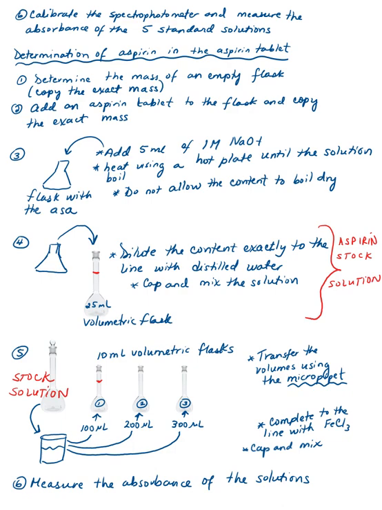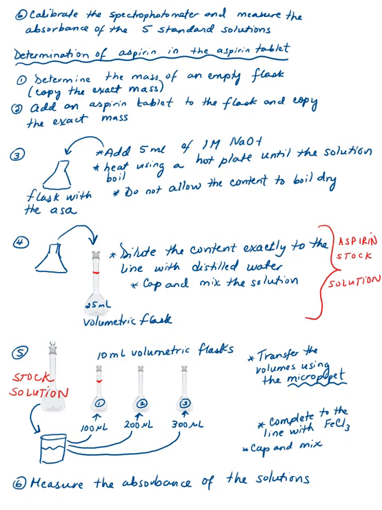The 5 standards, you know the concentration of those 5 because you're diluting your stock solution with a known concentration to prepare your standard solutions. Now for this part where you're doing the same thing with the aspirin tablet, you don't know how much aspirin is in the aspirin tablet. So the solutions that you're preparing, they have an unknown concentration of acetyl salicylic acid.